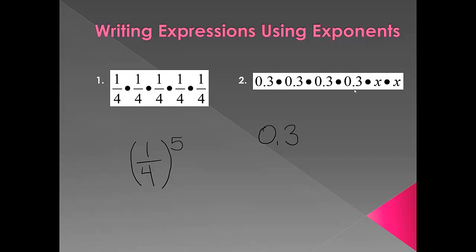So 3/10 is our base and 4 will be our exponent. So we have 3/10 to the 4th power. We also have x. So right next to this we can write x. That is going to be our base. And then we'll count our x's, 1, 2, and the 2 will then be our exponent. So this answer would be 3/10 to the 4th power times x squared.